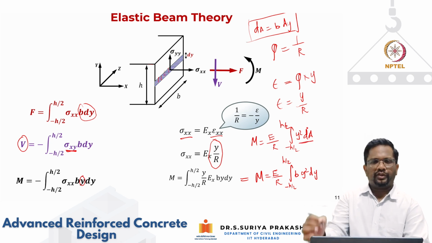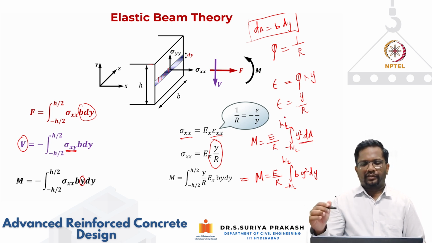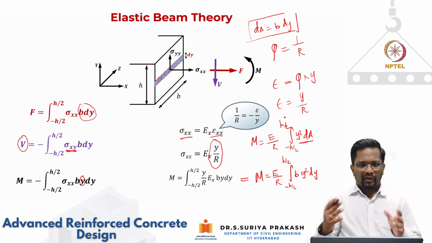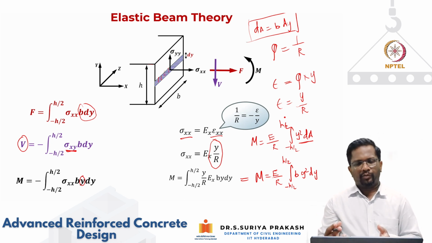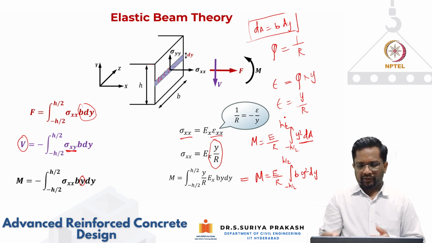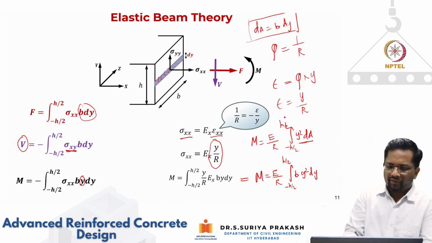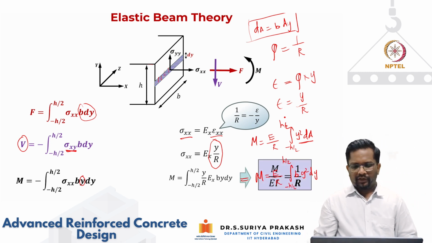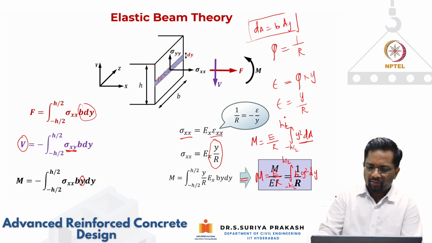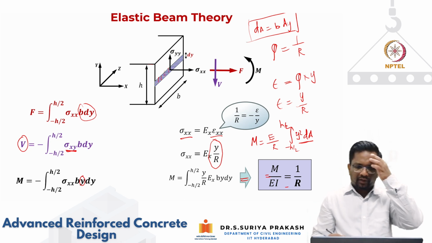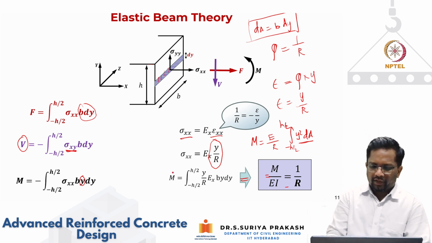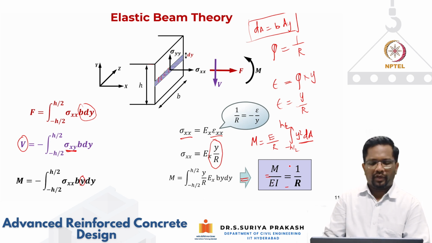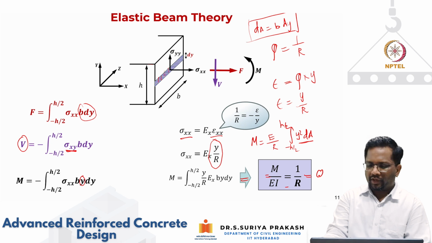From your strength of materials, we know that the integration of y square dA is nothing but the sectional property, that is, your moment of inertia. So from this we can relate M as E by r times I. Then M by EI can be expressed as 1 by r, which is nothing but your curvature.